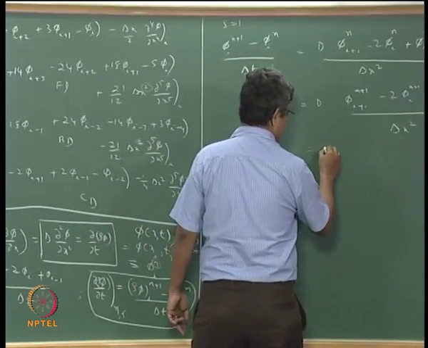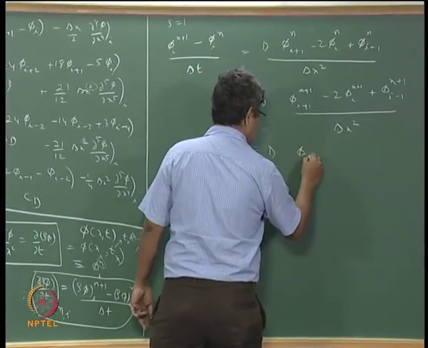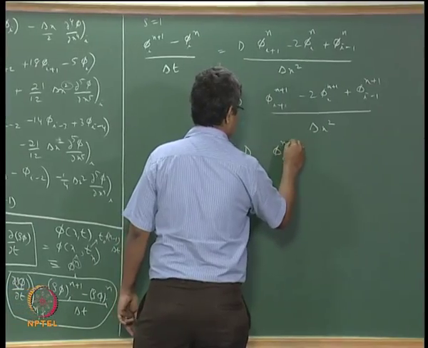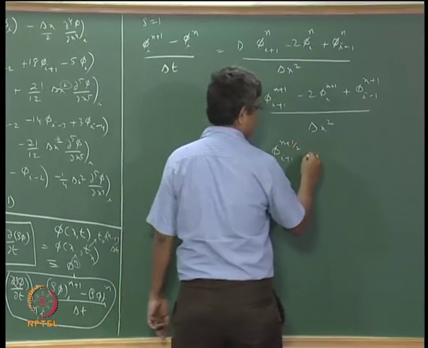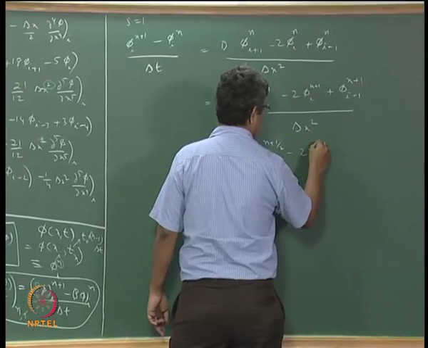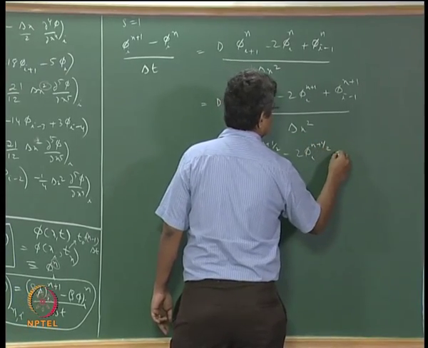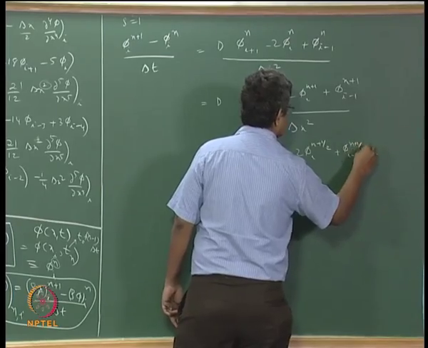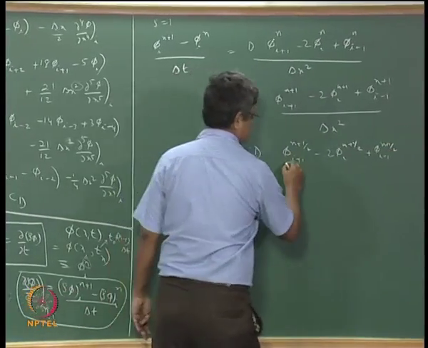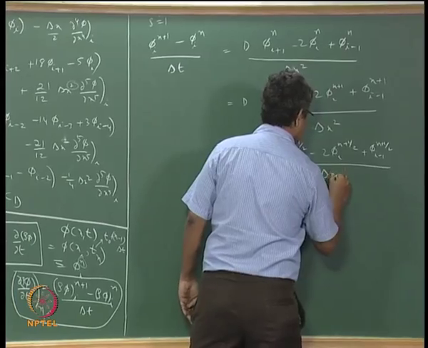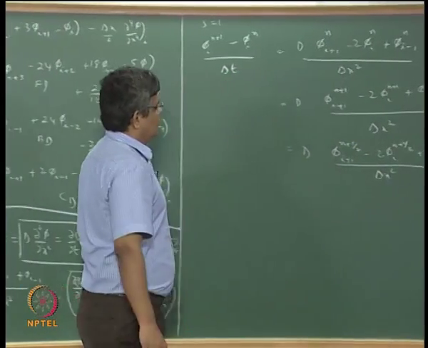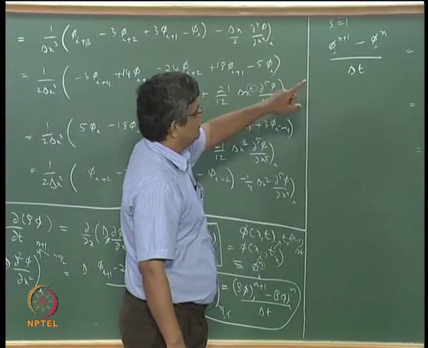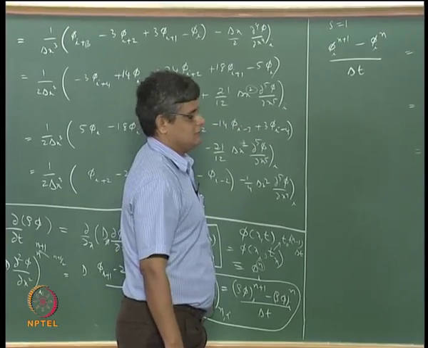Or we can write this as phi I plus 1 n plus half, okay. So which of them is correct?